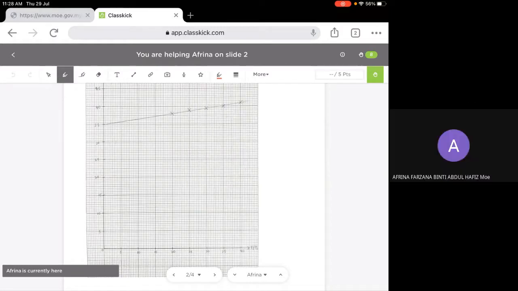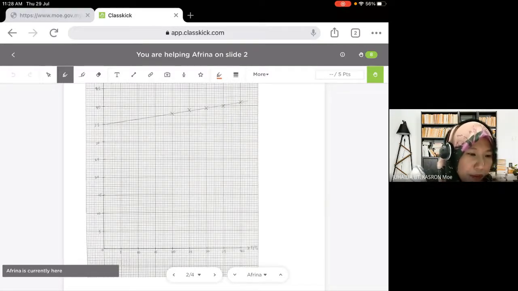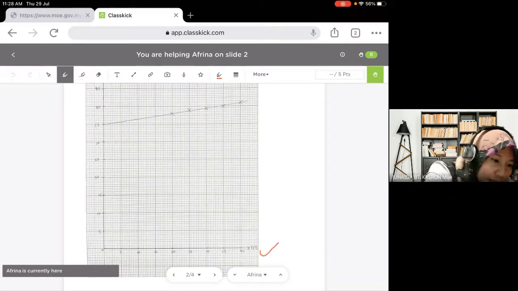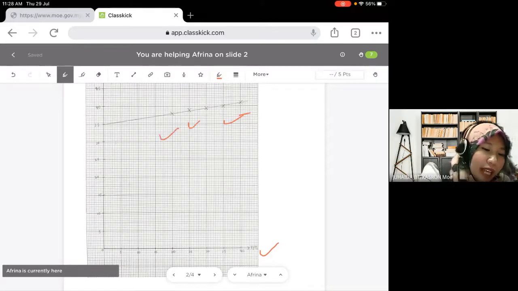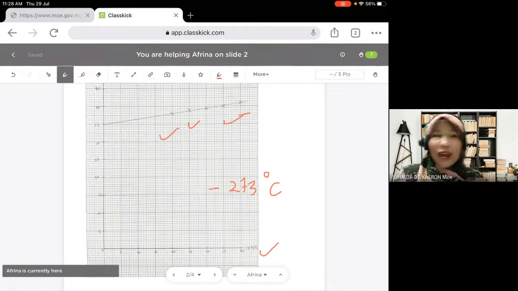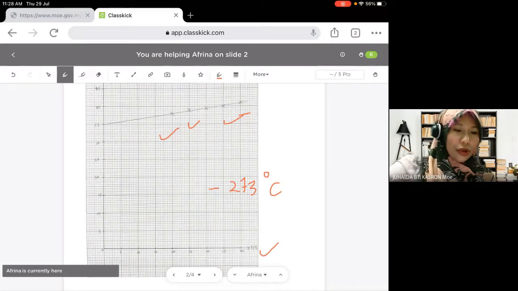My graph is linearly increasing. If you continue to extrapolate the graph until it intercepts the x-axis, what do you get? I will get negative 270. Yes, you will get negative 273 degrees Celsius. Okay, everyone? Because we need to continue with the second activity, I will check the graph later since you uploaded it here already.